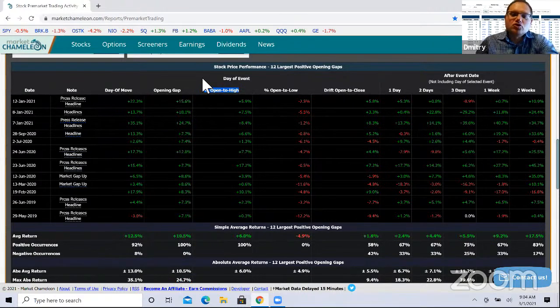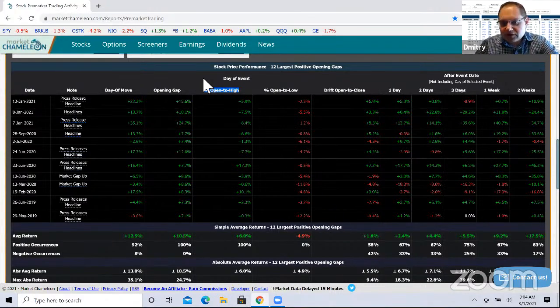So what did it tend to do after the opening? The event is that people are placing orders at the opening, driving the stock higher, up 8.5% at the open. If we open where it's trading in the pre-market hours, what did it tend to do after the open is the question.